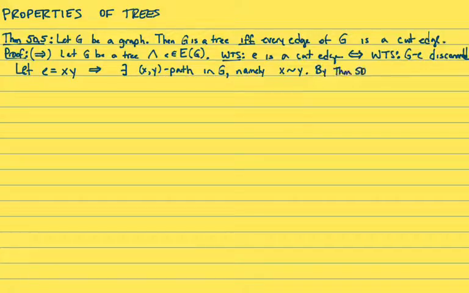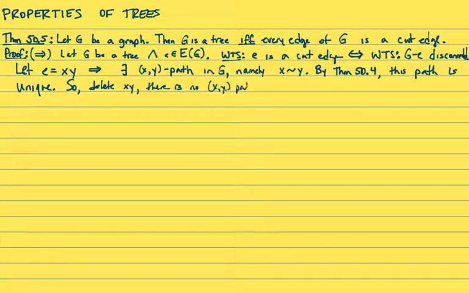By the previous theorem, there is a unique path from X to Y. If that edge XY is that path, then it's the only one. So if I delete XY, then there is no XY path in G minus E, which means G minus E must be disconnected. You have two vertices in G minus E that are no longer connected, which means E is a cut edge.